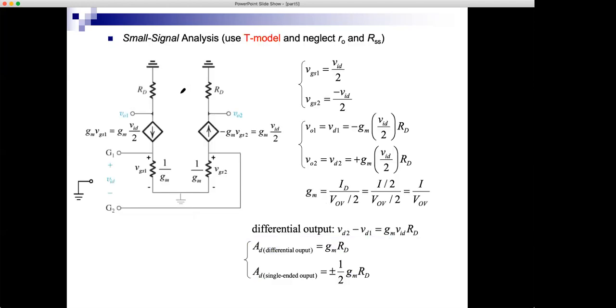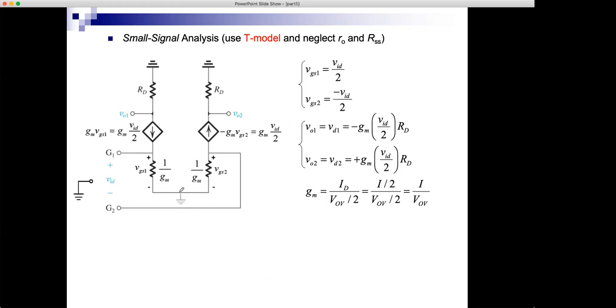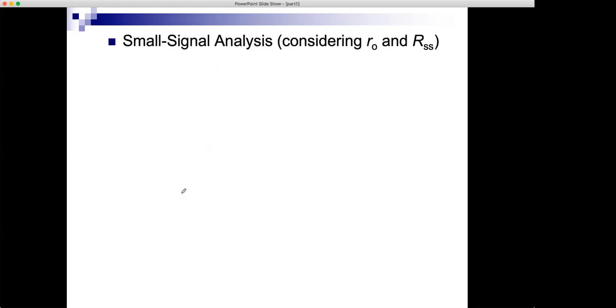So our analysis that showed this is a virtual ground will continue to hold. This RSS will be between a virtual ground and a real ground, and therefore it will have no effect whatsoever. A non-ideal current source would not affect my analysis, and I will still get the same thing.